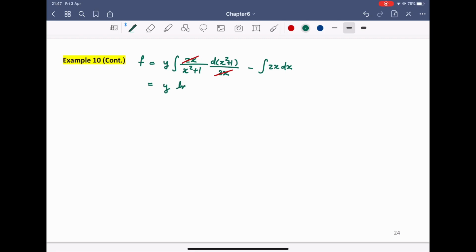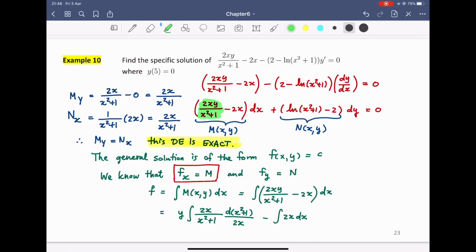So I get log(x squared plus 1), and then minus the integral of 2x dx, so I get 2x squared over 2, and then plus a function of y. As before, I need a function of y here because I start from f_x equal to M, so it means a function of y is a constant.